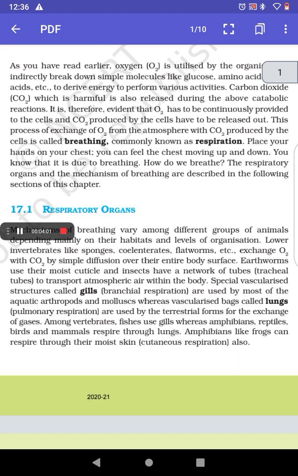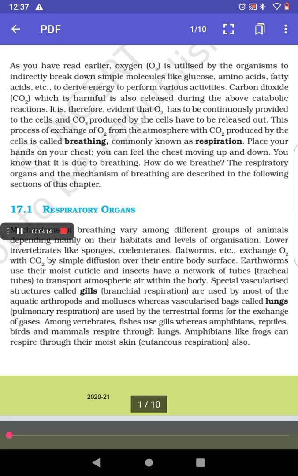Among vertebrates, fishes use gills, whereas amphibians, reptiles, birds, and mammals respire through their lungs. Especially fishes use the gills, which is called branchial respiration, and the others, most of them, use lungs.